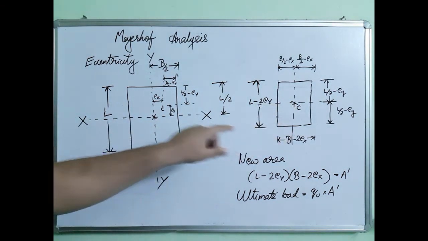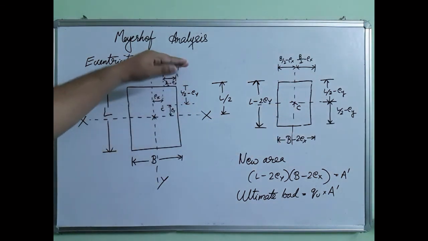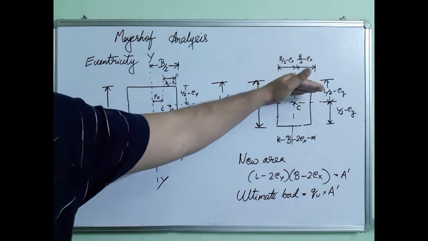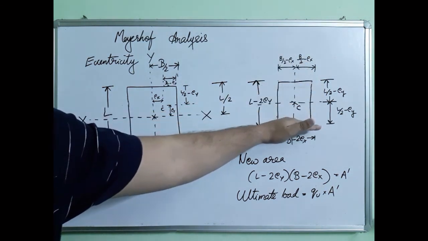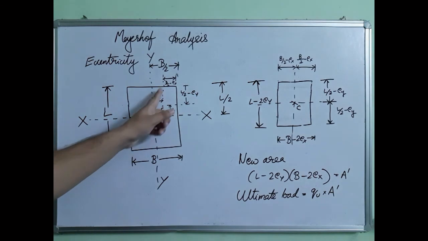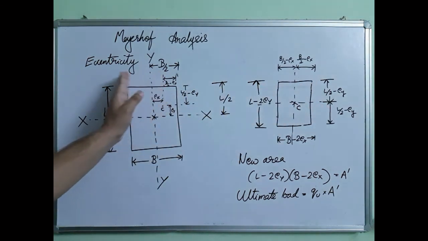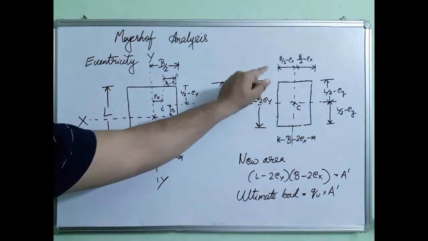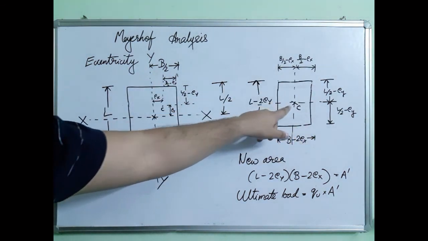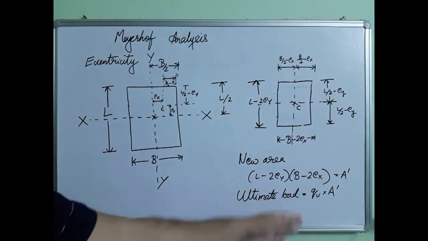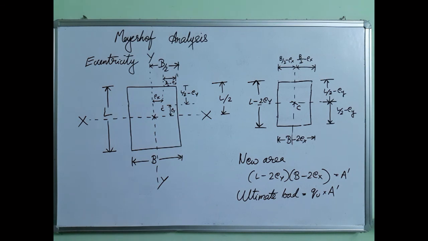Along this there is L by 2 minus Ey, and again we take another L by 2 minus Ey on the opposite side. From the center on the right there is B by 2 minus Ex, and again we take B by 2 minus Ex on the opposite side. So ultimately we get a rectangle with C as the center. We take this area and multiply it with the Qu value to get the ultimate load.